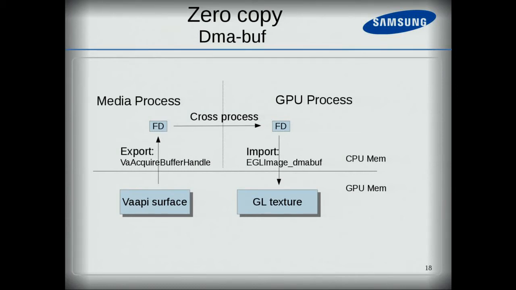You can cross this process, and you can use the file descriptor in the GPU process. It's a bit tricky. You cannot just make it visible to the GPU process in your own way. You need to wrap it into a message for a Unix socket. So on the media process you will have, for example, one integer, and on the GPU process, when you receive this special message, you will have another number.